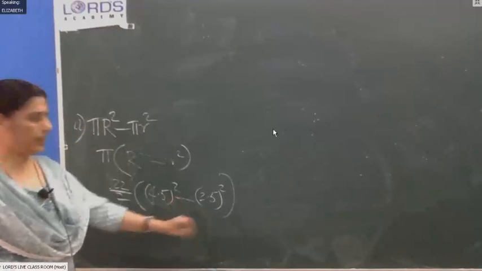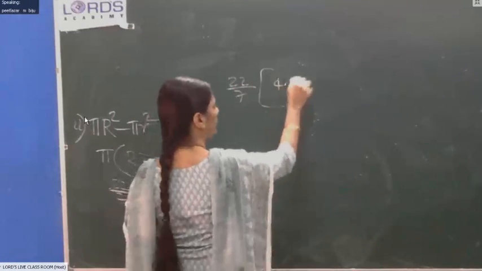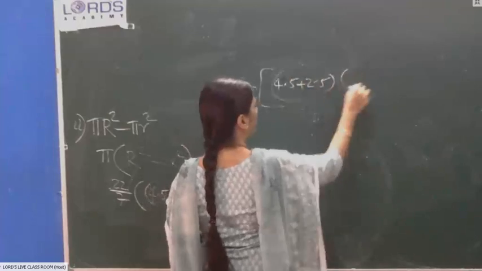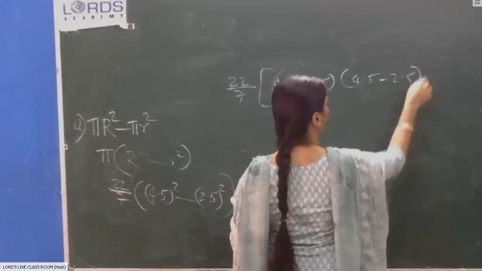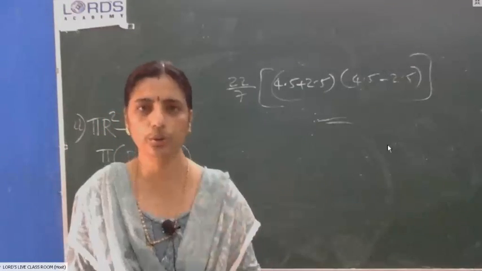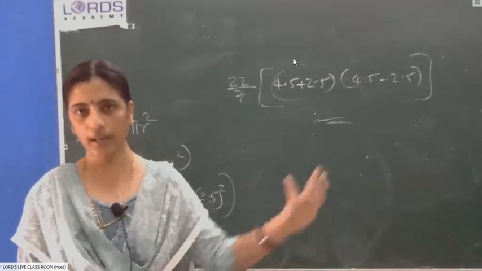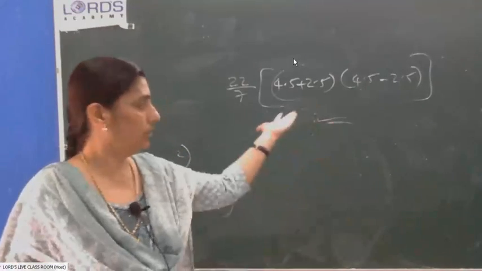Now this is a square minus b square. 22 by 7 into (4.5 plus 2.5) into (4.5 minus 2.5). Get the answer. That you do from home. Remaining part you almost over.